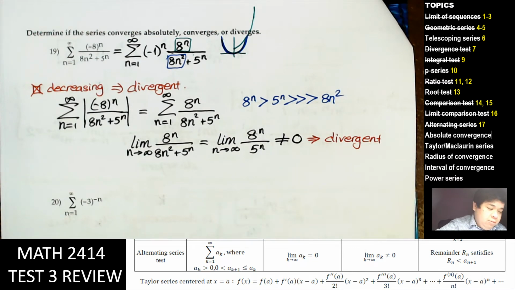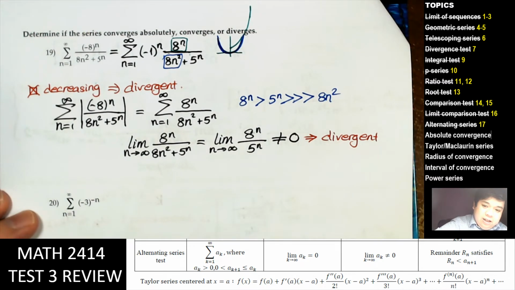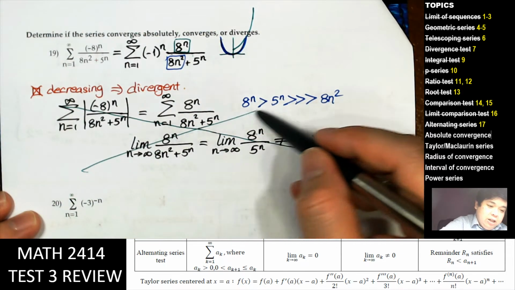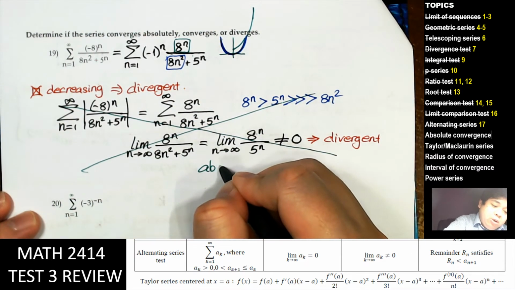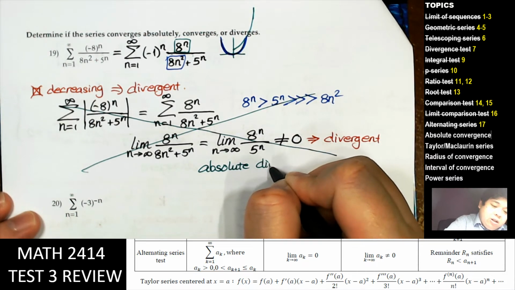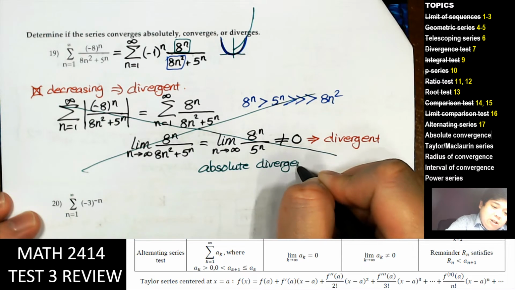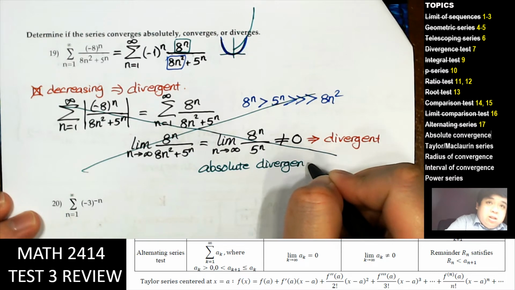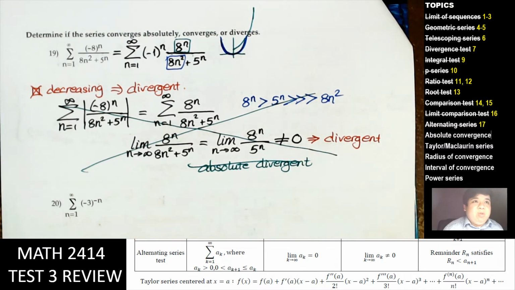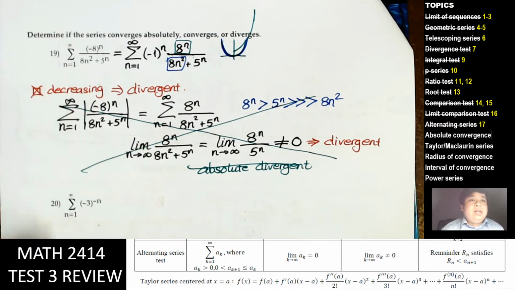So this solution doesn't help at all, because we don't have absolute divergence. Absolute divergence is not a thing. So if we have divergence when we do the absolute values, that doesn't help us at all.